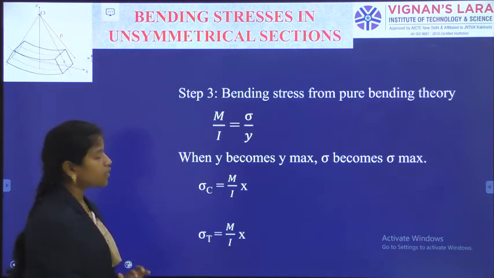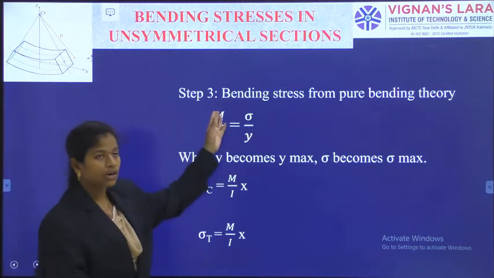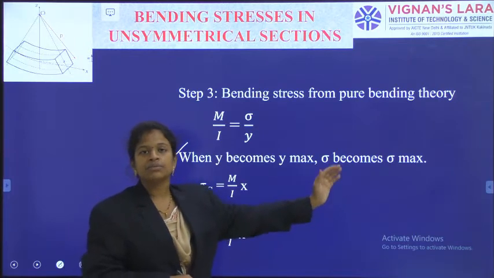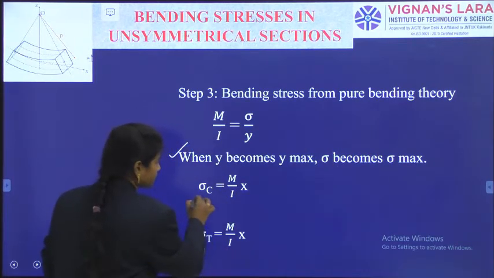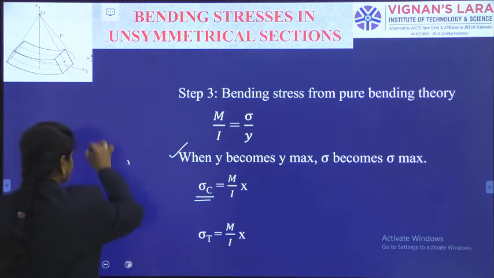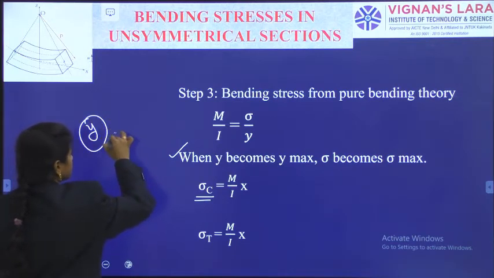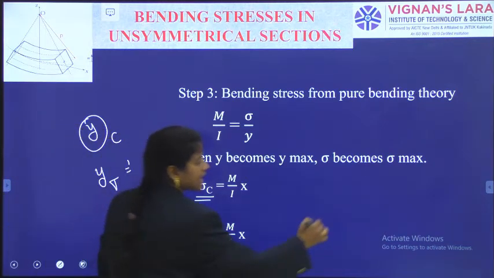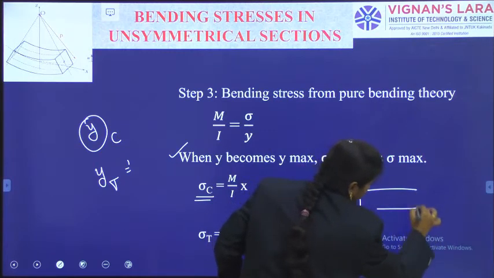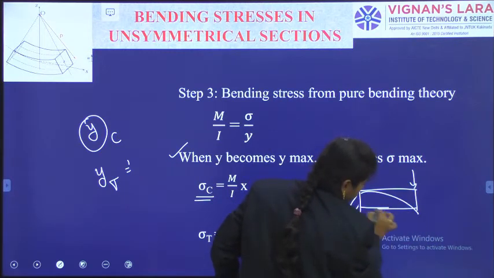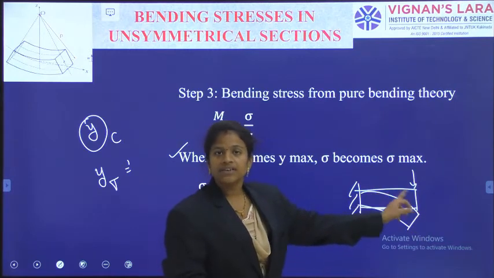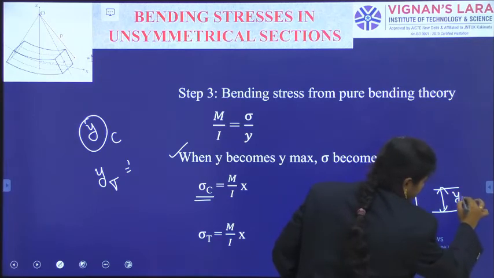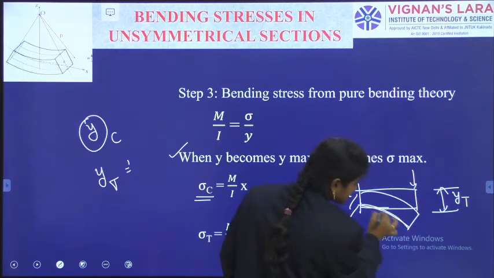Now, we are going for the original calculation from the pure bending theory, that is M by I equal to sigma by y. And when y becomes y maximum, sigma will become sigma maximum. We have just now observed y is having two different values, yc and yt. Why are yc and yt occurring? As the cantilever beam is like this and the load is like this and it is causing bending, the top portion will have tension and the corresponding distance we call yt, and the bottom portion is having compression.